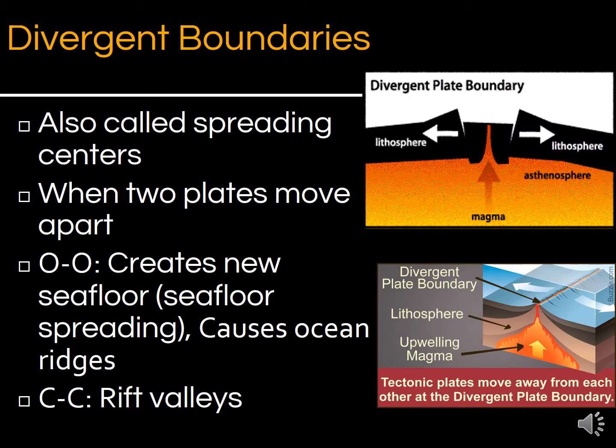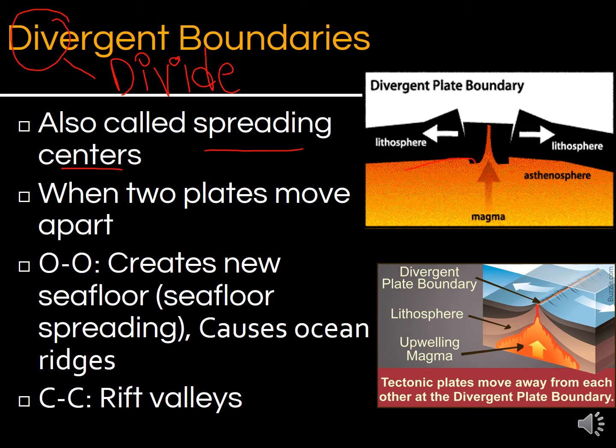So let's talk about our first boundary and maybe how this all took place. Well, we have divergent boundaries. When I hear divergent, I look at this word right here: divergent, divide. So this is when it also spreads.